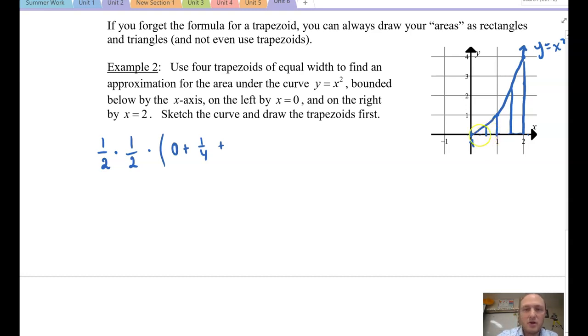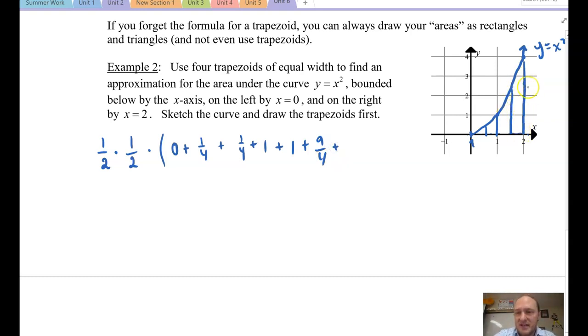So 1/4 plus this height. Well, what's 1 squared? 1. Plus, now I'm again going to take the summation of these two heights. So 1 plus, this is 1.5 squared, or 3/2 squared, and 3/2 squared is 9/4, just so you know where that 9/4 is coming from.